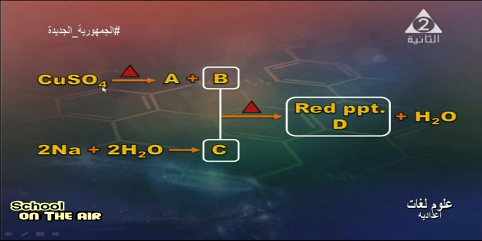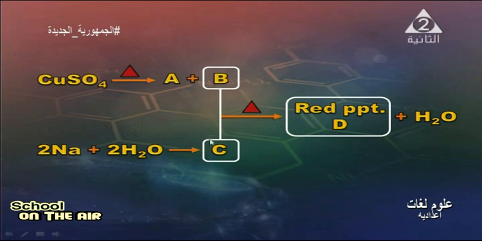Again, if we answer this question, we will see that copper sulfate will decompose into SO3. So A equals SO3, and B equals copper oxide as a black precipitate, CuO.